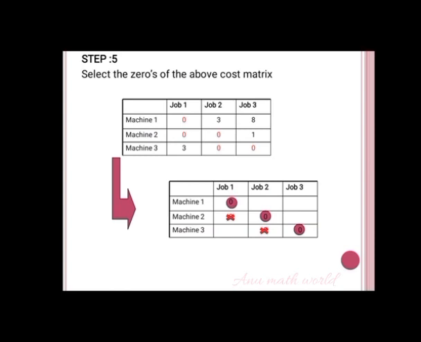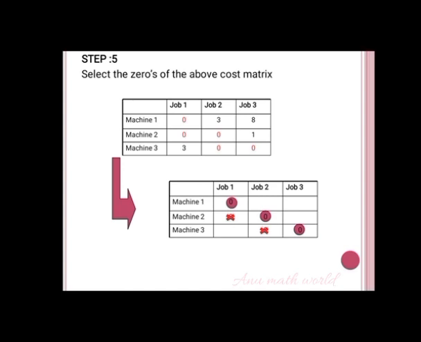Select the zeros of the above cost matrix. We have to highlight the zeros and select them. Here one condition applies. What is the condition? Each row and each column should have only one selected zero. I choose the first zero in the first row, then I eliminate the other zero in the first column.